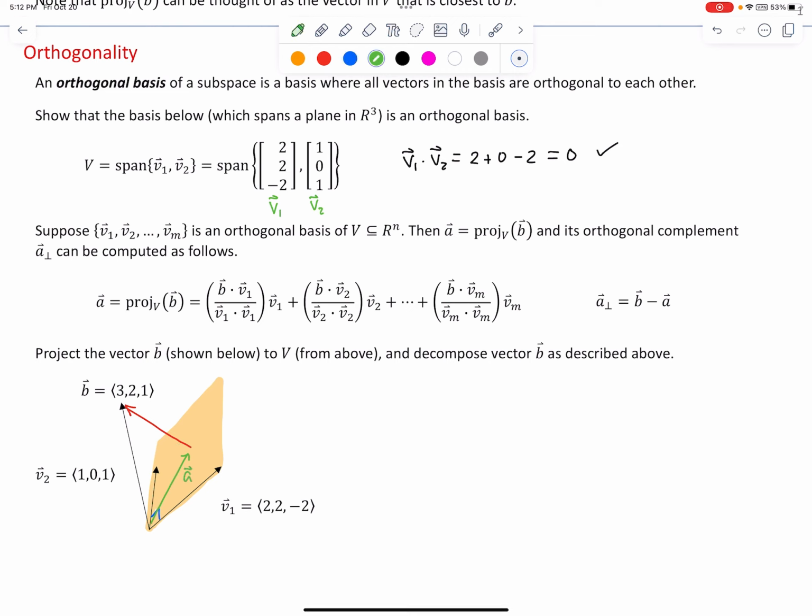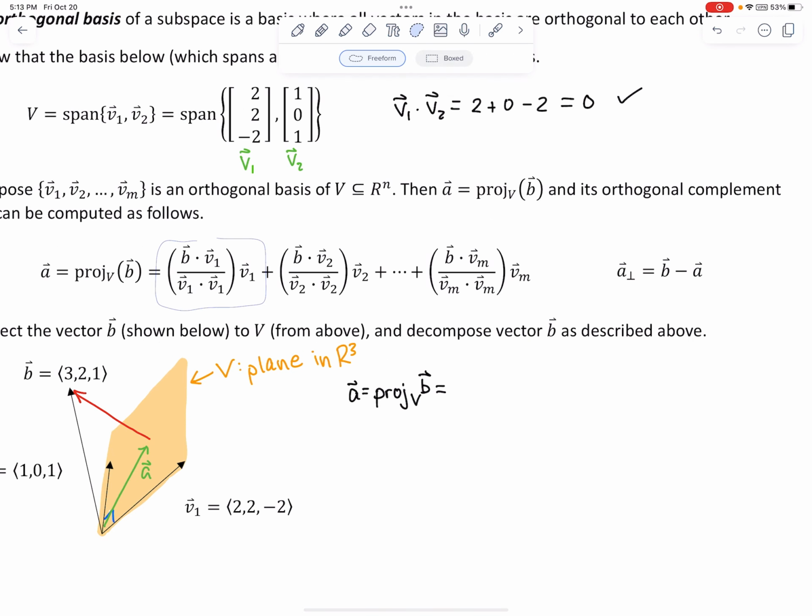We're calling it A for short, but it's the projection of B onto this vector space V, and this plane here is our vector space, and we calculate it as follows. Vector A, which is the projection onto vector space capital V of vector B, is equal to, and I'll do this part of our calculation and then a second part of our calculation, and then we'll stop because this vector space V only has two orthogonal basis vectors in it.